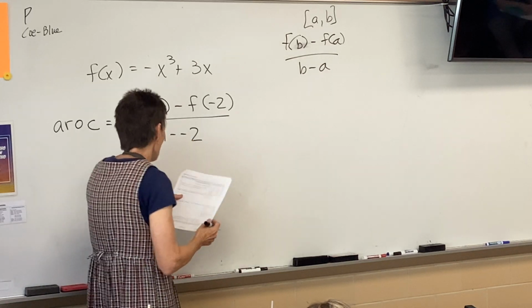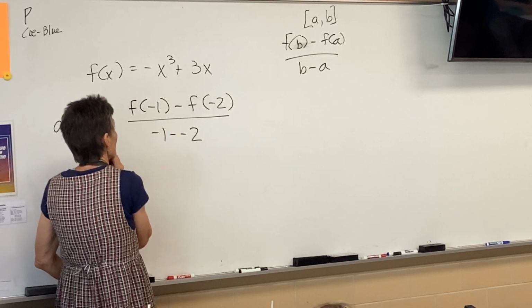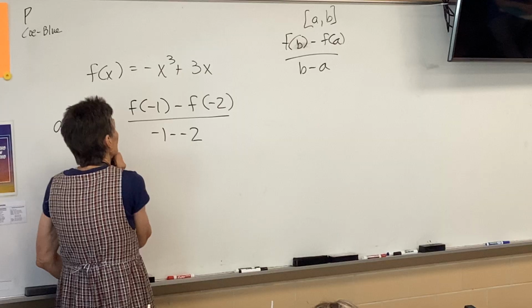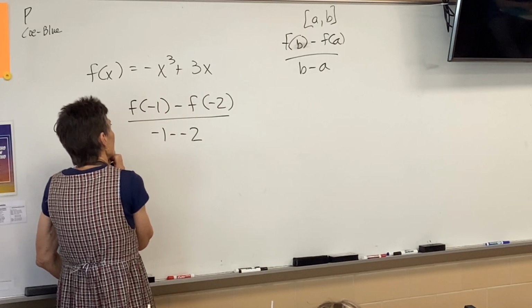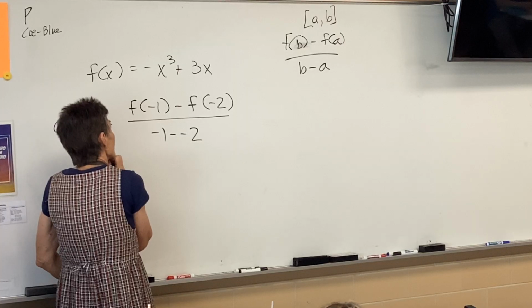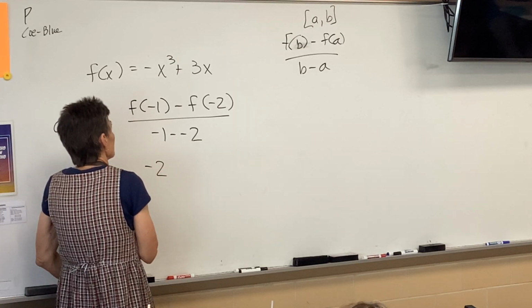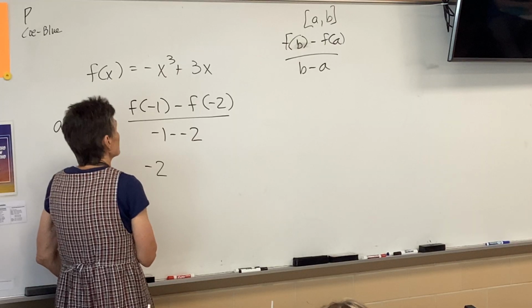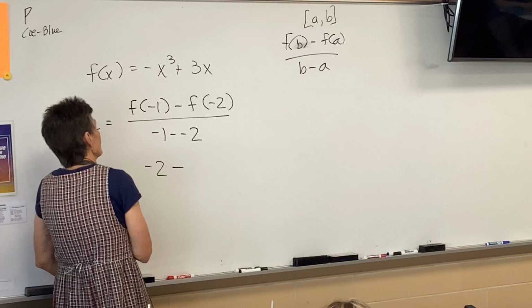All right, so here we go. What is f of -1? Let's calculate that. F of -1 would be what? -1. What do we get? Did you say -2? I think that's right. And then what about f of -2?